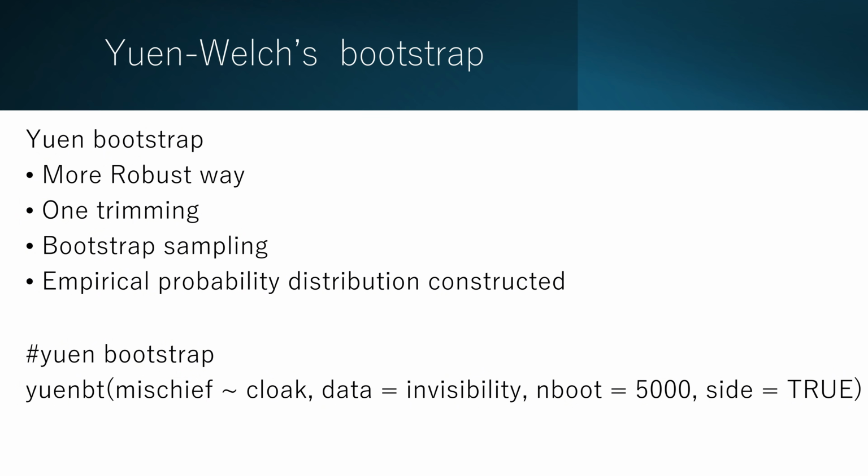And this would be the robust way, because the bootstrap sampling and the original Yuen-Welch's way is robust for outliers and uneven variance.